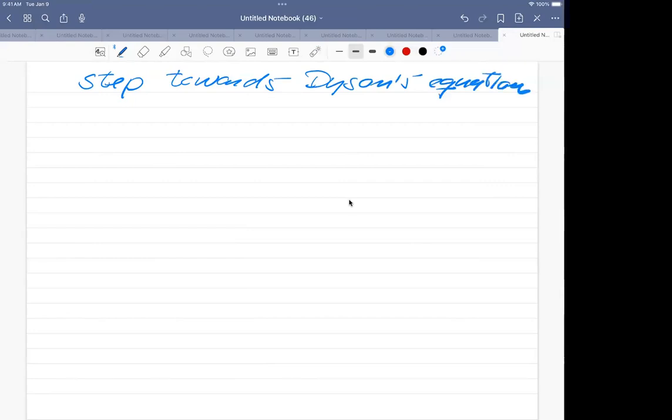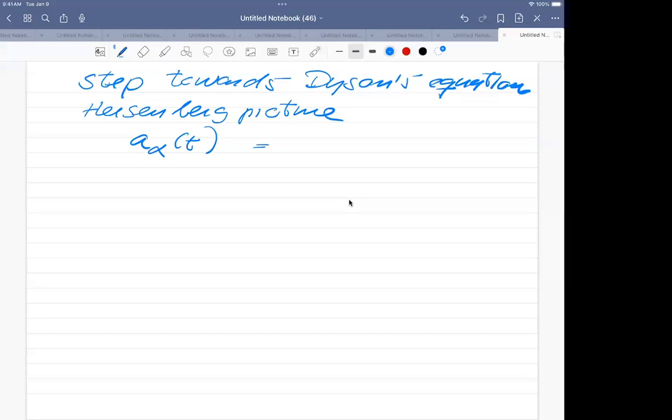One of the things which we need is to assume that we have an annihilation operator at time t, and we are going to use the Heisenberg picture. I will not have a subscript or superscript H to indicate that this is in the Heisenberg picture.